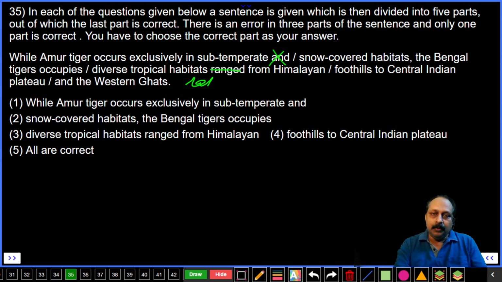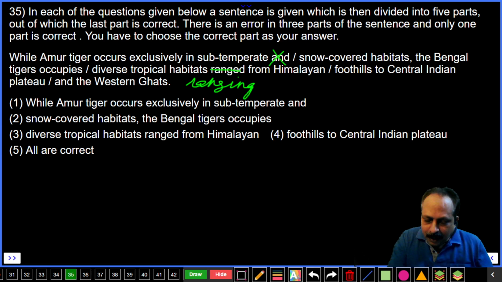Ranged, it should be ranging from Himalayan foothills to central Indian plateau and the Western Ghats. Snow-covered habitats, the Bengal tiger occupies. From Himalayan foothills to central Indian plateau. I don't see any error here.